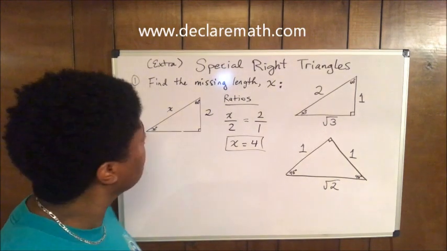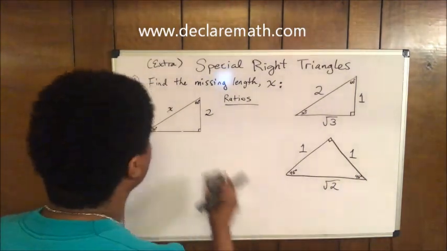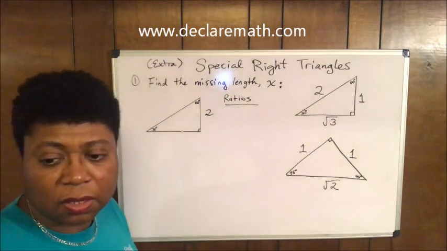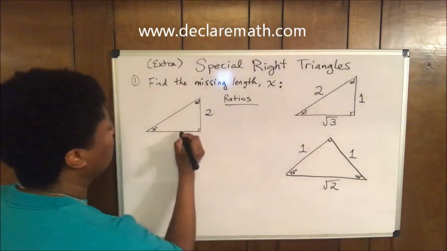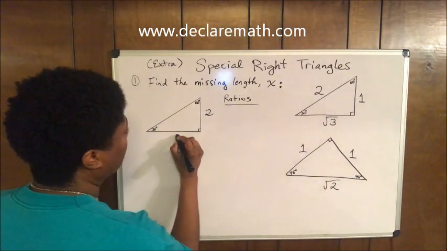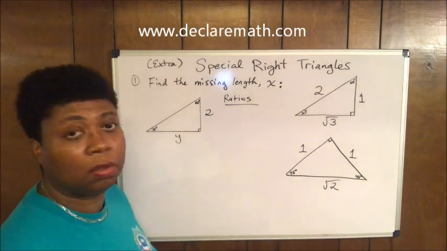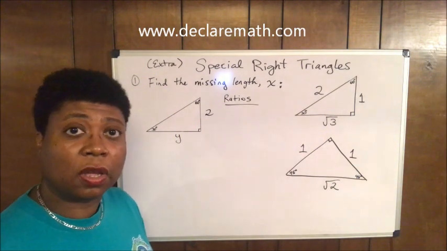So now, let's suppose we had this same similar setup, and in fact, let's go ahead and take this off here. Suppose we're still given the side opposite of the 30-degree angle, but this time we're asked to find the side opposite of the 60-degree angle. So now what? Same thing. Set up your ratio.